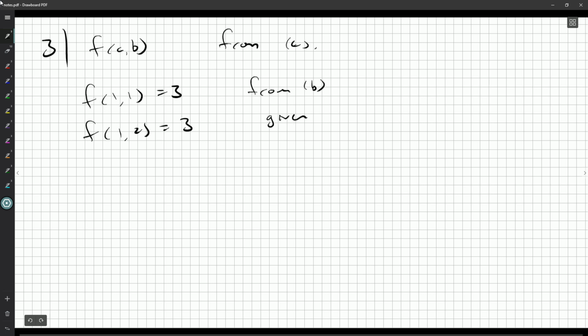This was given. And f(2,5) is 3 from A. Okay, so I don't see any reason why those numbers in particular are giving me 3. We could try experimenting with other things, but we need our smallest number to be bigger than 2 now. So we could try maybe a 3. Anything work with a 3, for example?